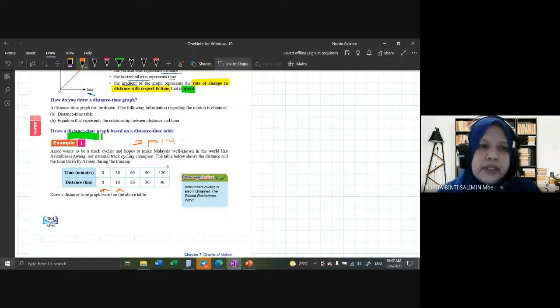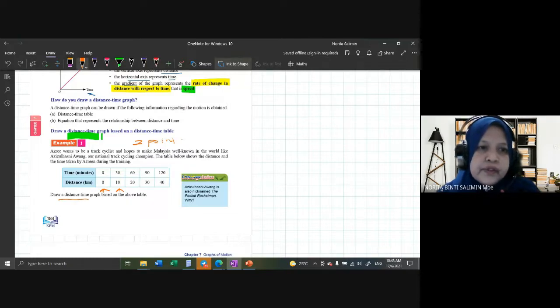Azri starts with 0, the distance also 0. In the first 30 minutes, Azri can go 10 kilometers. After 1 hour, that means 60 minutes, he can go 20 kilometers. After 90 minutes, 30, and after 120, 40 kilometers.